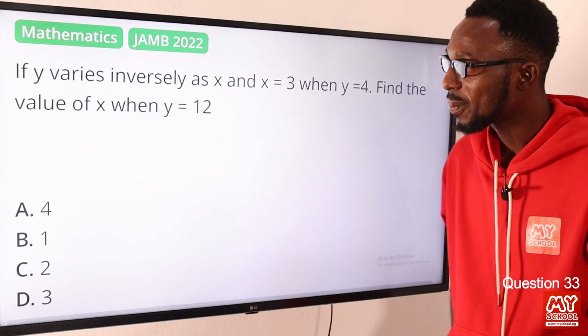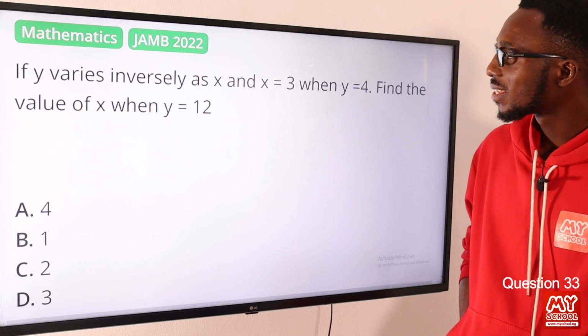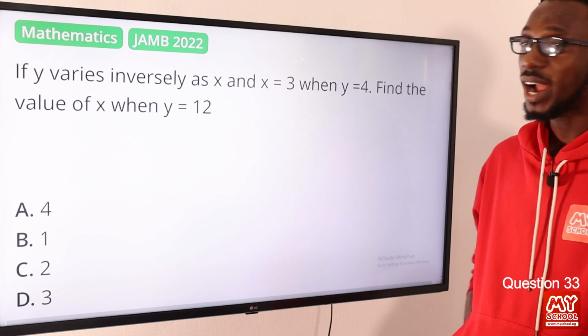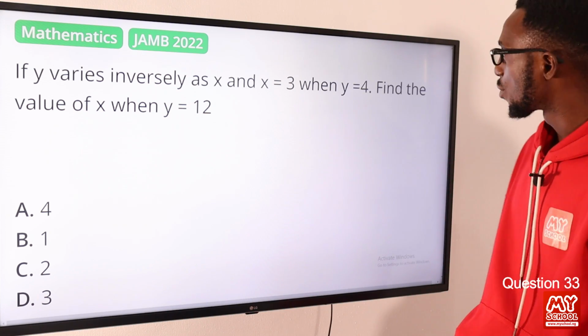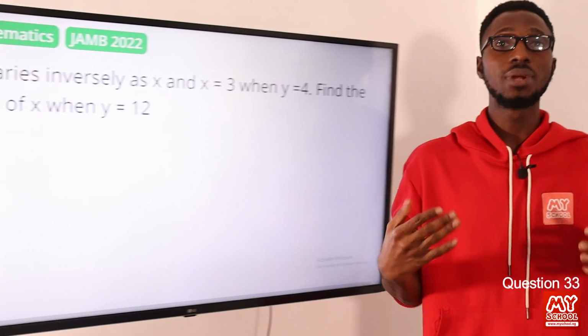Number 33. If y varies inversely as x and x equals 3 when y equals 4, find the value of x when y equals 12. So we just need to break down this presentation and express it mathematically. We are told that y varies inversely as x.